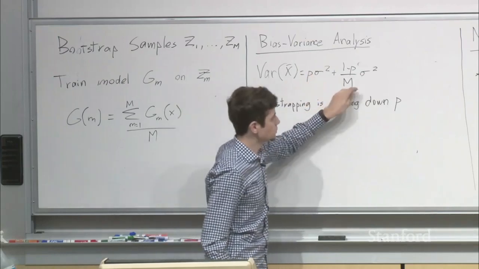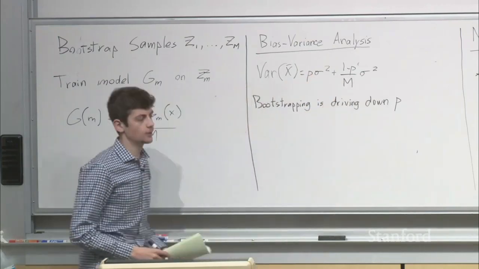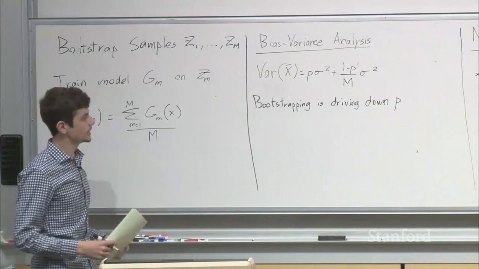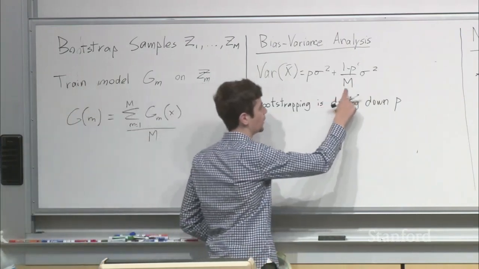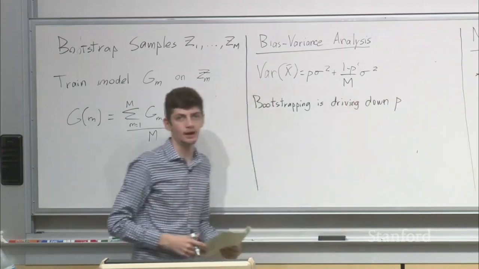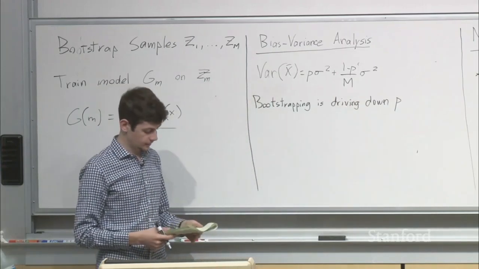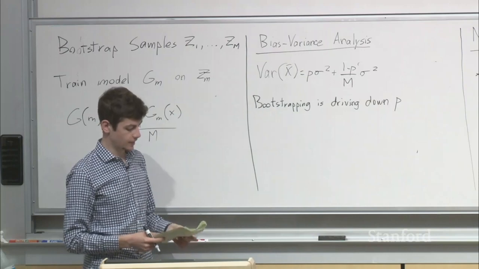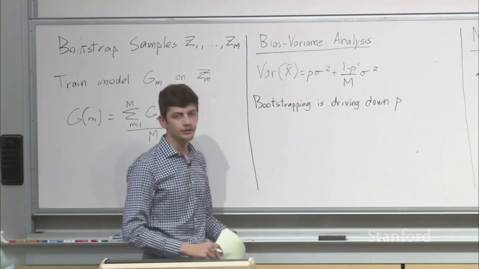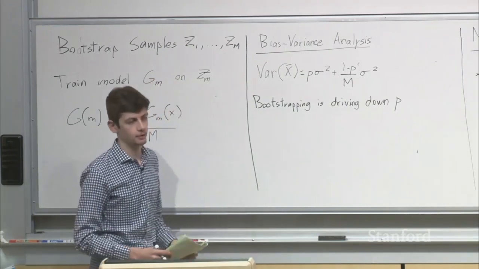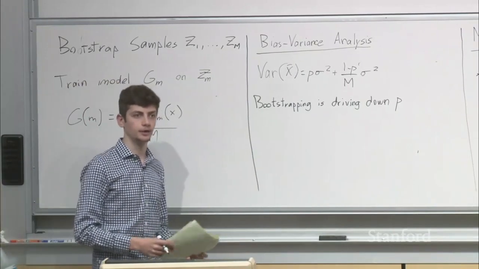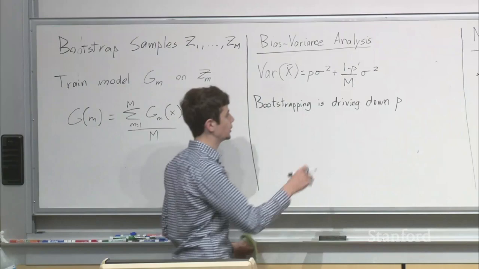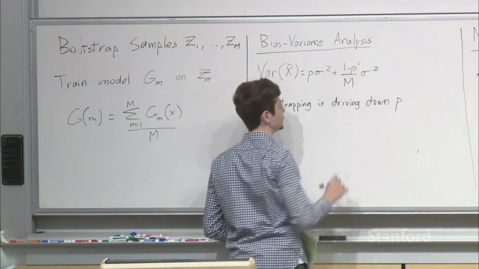Your question might be, okay, what about this term here? It turns out you can take as many bootstrap samples as you want, and increasing M will slowly drive down this second term. One nice thing about bootstrapping is that increasing the number of bootstrap models you're training doesn't cause you to overfit any more than you were beforehand, because all you're doing is driving down this term here.